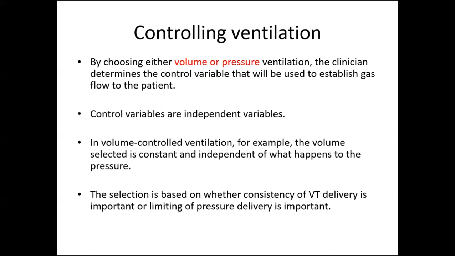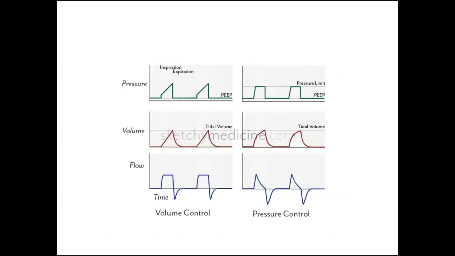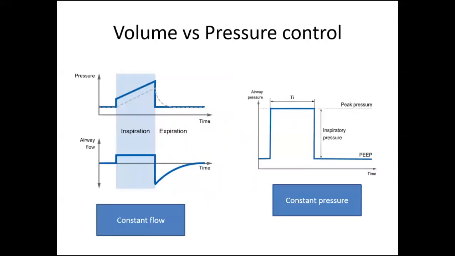So controlling ventilation, I told you, you can control volume or pressure, you cannot control both at a time. So the first graph here is what control? Volume control, because the flow is constant. Here, which is constant? Pressure control.